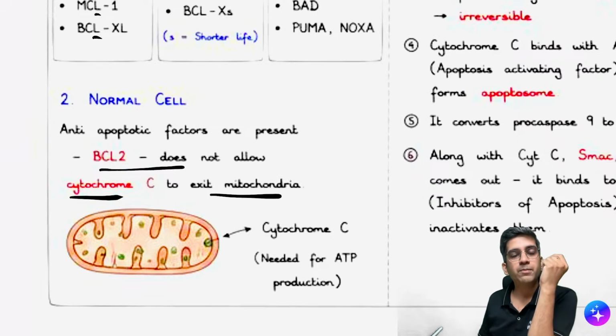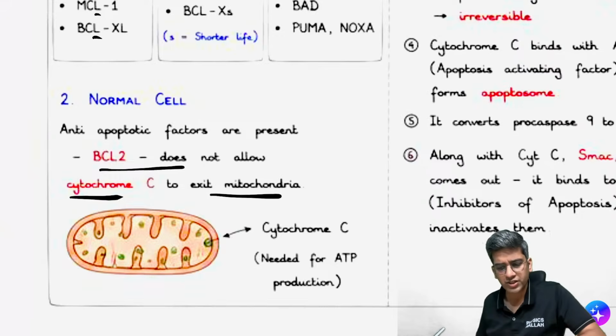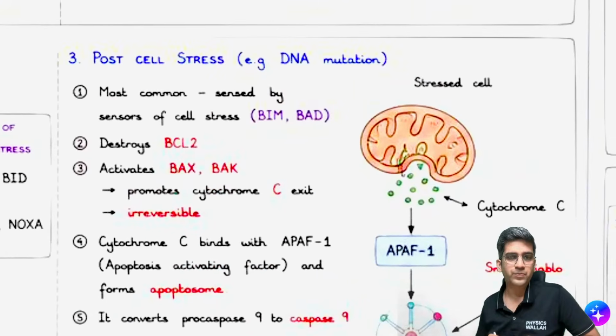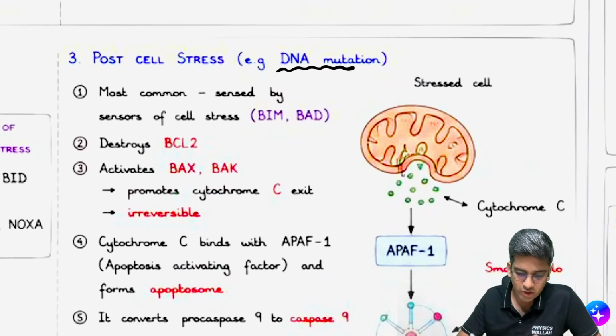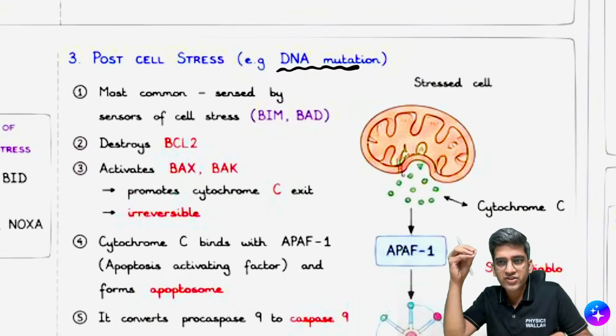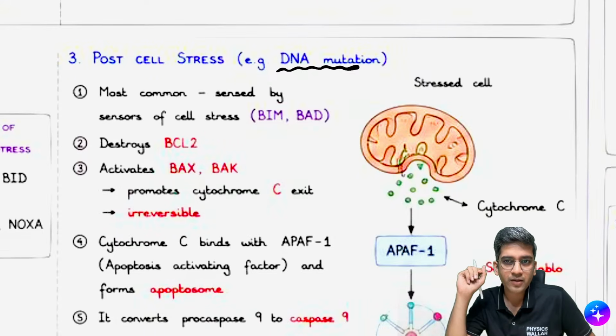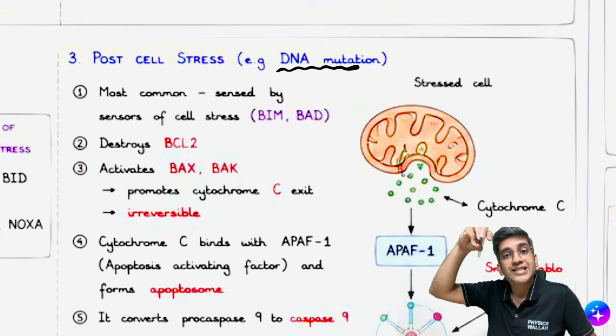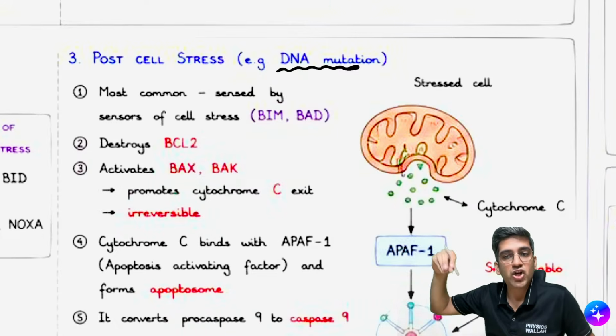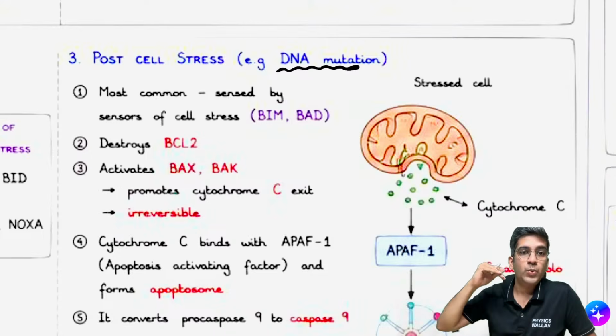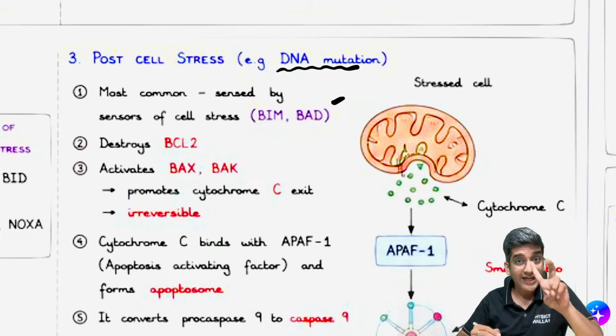The moment I have a mutation, mutation is one of the triggers of the intrinsic pathway. The moment there's cell stress or a DNA mutation, the cell is stressed, right? What will happen? Your sensors of cell stress, BIM, BID, BAD, PUMA, NOXA will increase. When they increase, they have two jobs.